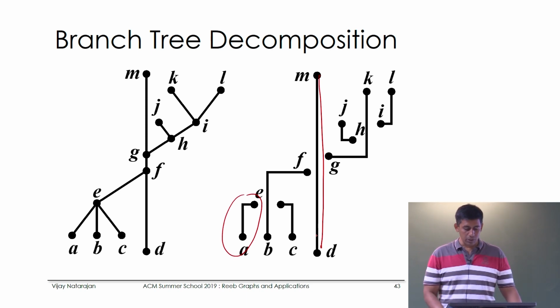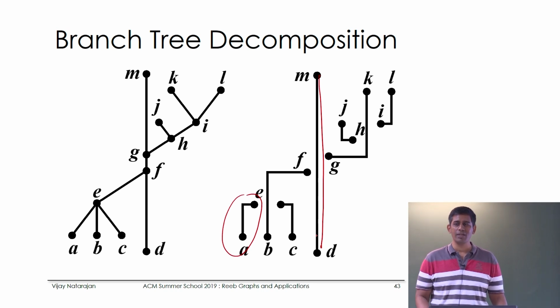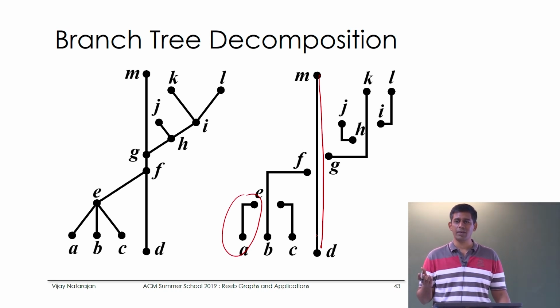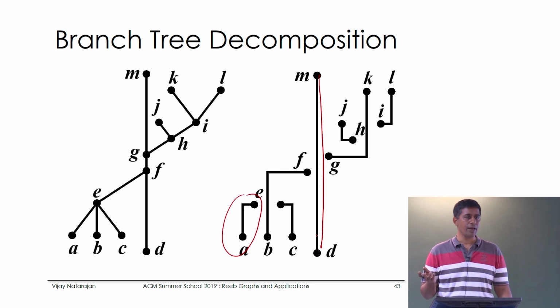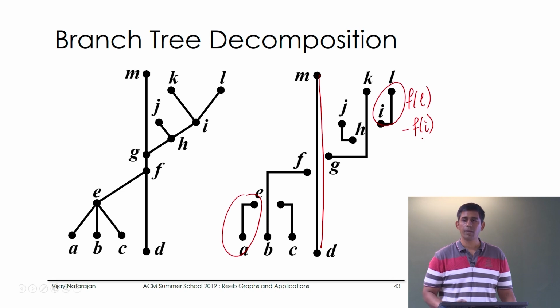Okay. So this is a very nice representation, because once you store things using the branch decomposition, simplification is just a simple flag, right? You associate every branch, right, with some cost. We know that the cost here, for example, is f at L minus f at I, right.